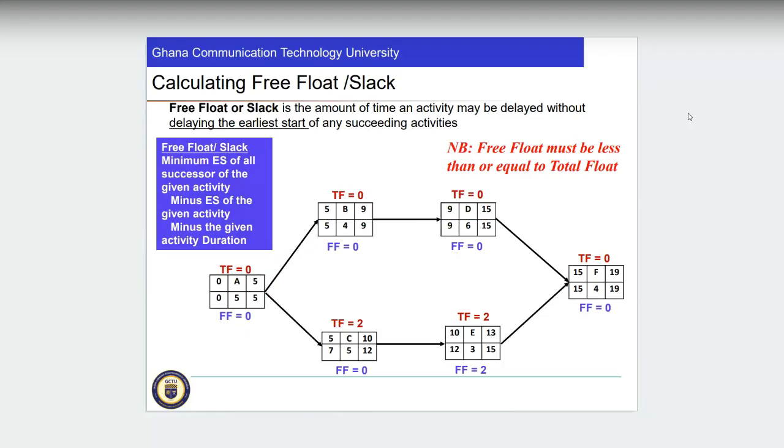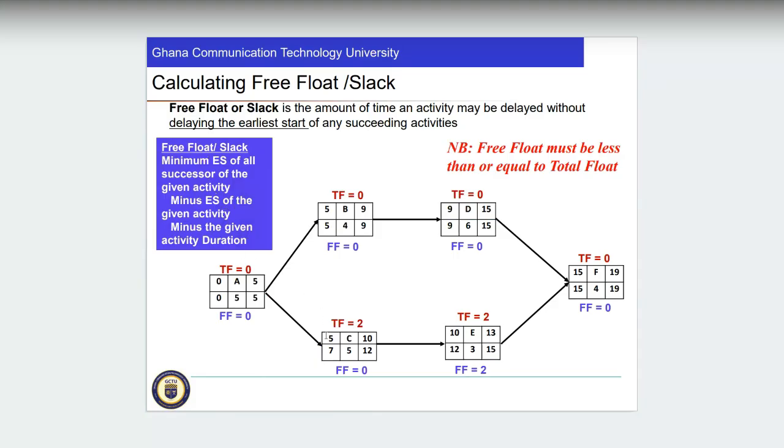Okay, so let's have a look at that. Total float and then the free float. So we are doing the free float. As I'm saying, the earliest start is the minimum earliest start of all the predecessor activities, minus the earliest start of the given activity, minus the duration.